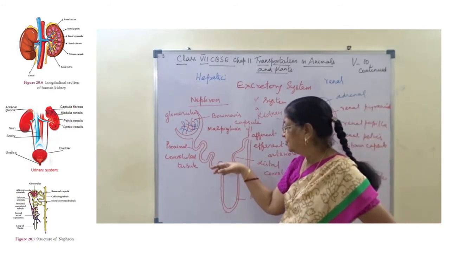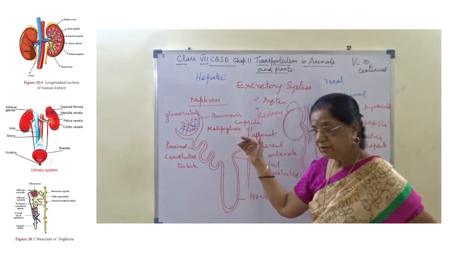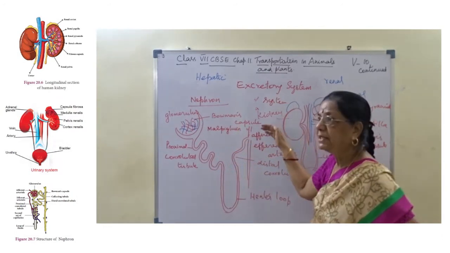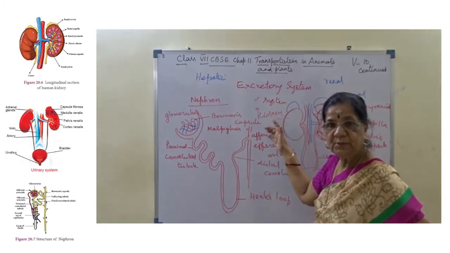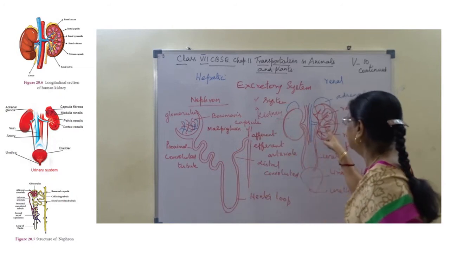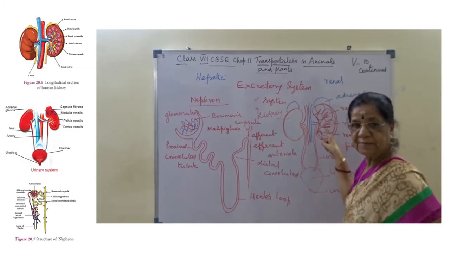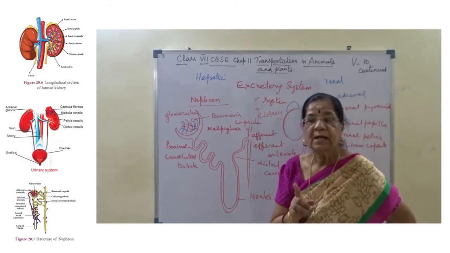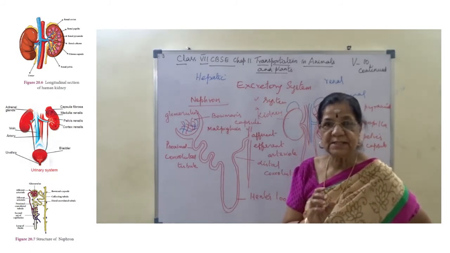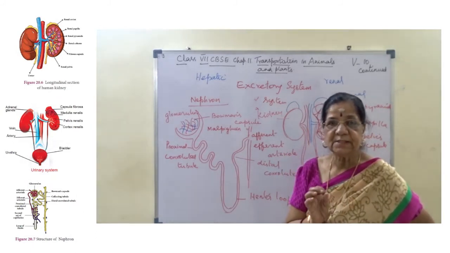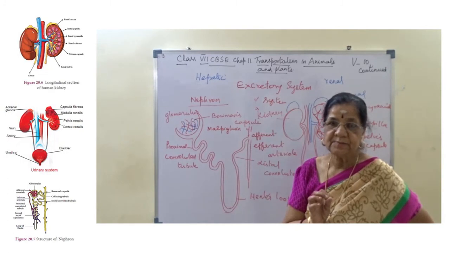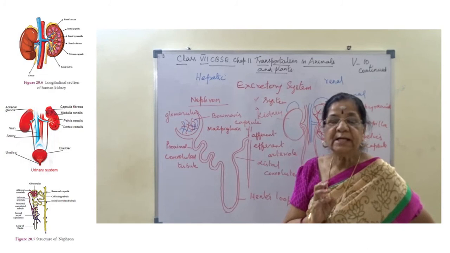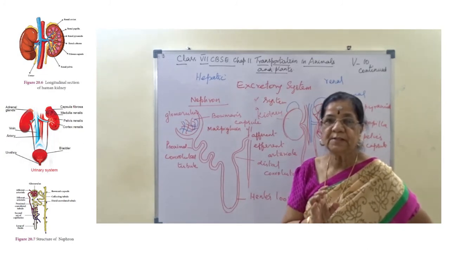And the continuation of that, proximal convoluted tubule, Henle's loop and distal convoluted tubule, will be present in the medulla region. I hope you understand. So this forms the structure of the nephron. And this nephron is considered the structural and functional unit of excretion, and this nephron only is eliminating the urine.